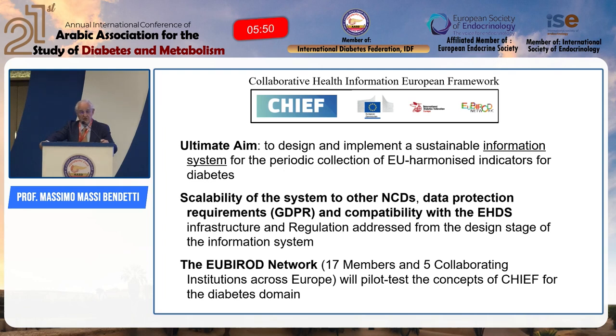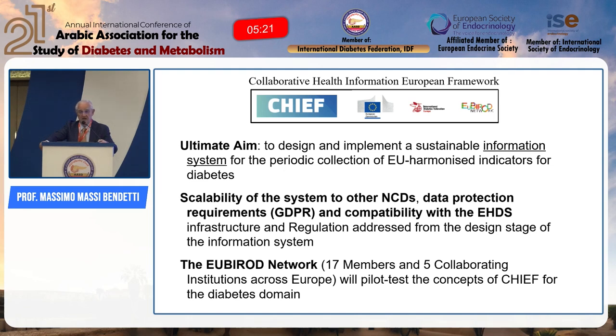Of course, diabetes needs to be considered not a standalone condition, but part of the wider family of non-communicable diseases. And there is the need also to satisfy the data protection requirement and compatibility with the European health data space infrastructure and regulation, addressed from the design stage of the information stream.